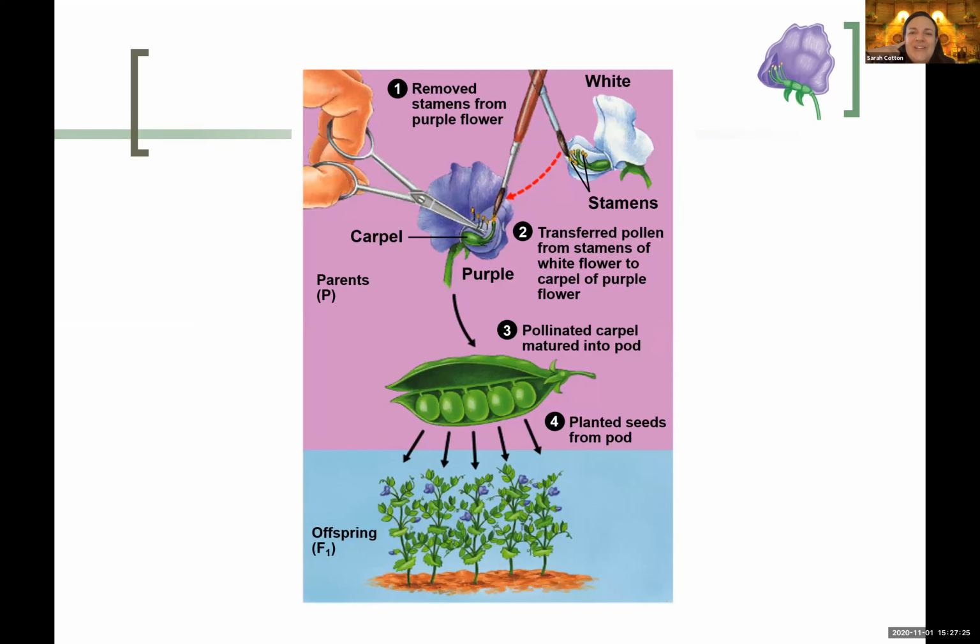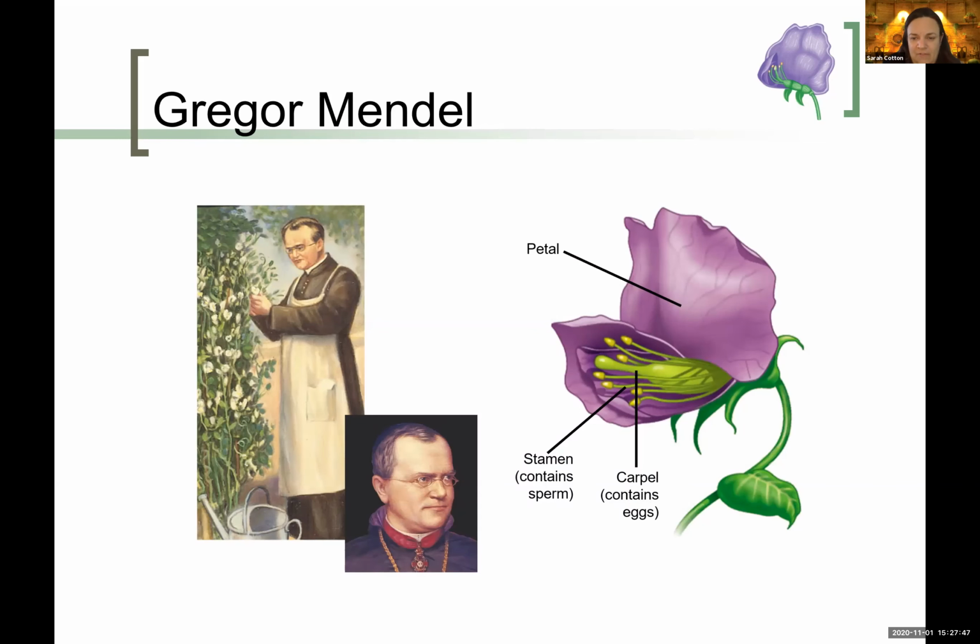So the reason that Mendel studied pea plants is they're easy to grow. They're common. They had traits that were very clear and delineated. And it was really easy to control reproduction in pea plants. Okay. So let's go back to this picture here for anatomy of a pea flower.